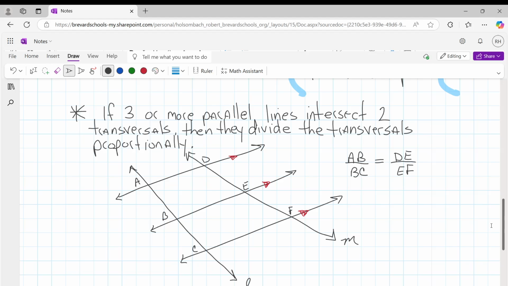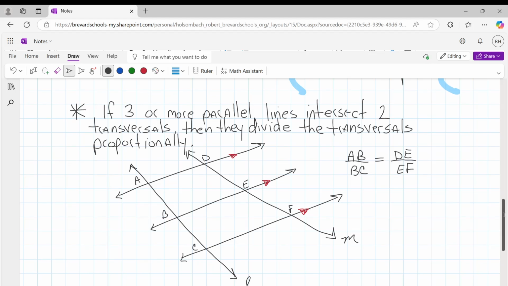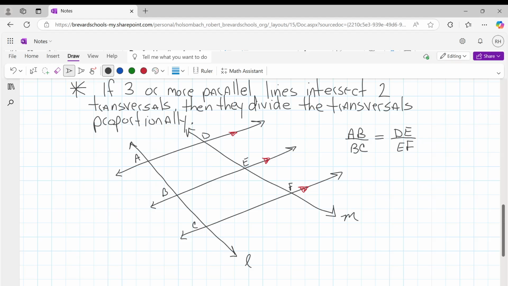Now, since they're all proportional, someone brought this up yesterday and I wanted to mention it as well. Look down this left side. We basically said that the top piece on the left over the bottom piece on the left is equal to the top on the right over the bottom on the right. What else is true is this segment AB over AC, which is the entire piece, or the two pieces combined.